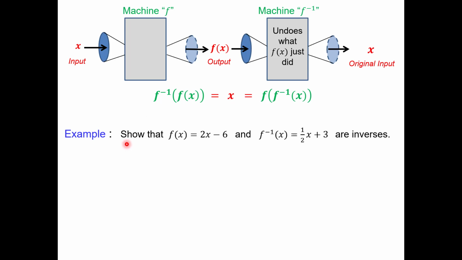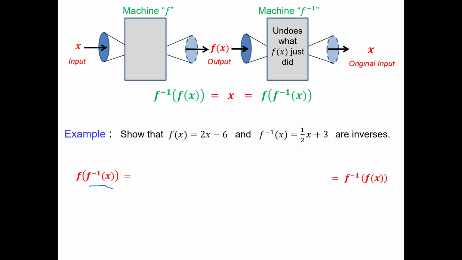We just found the inverse of f of x equals 2x minus 6. We figured out that it was 1/2 x plus 3. So let's just make sure we're correct, and we're going to verify. We're going to compose these functions with each other. So we're going to do f composed of f inverse. So remember what this says. What we're going to do is replace our original input, what's in the parentheses here, with what this says, f inverse.